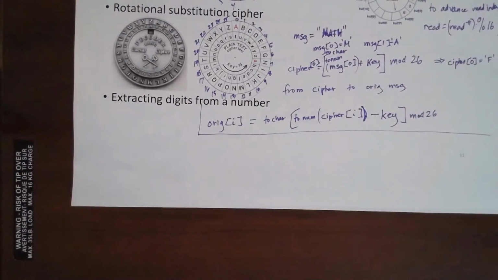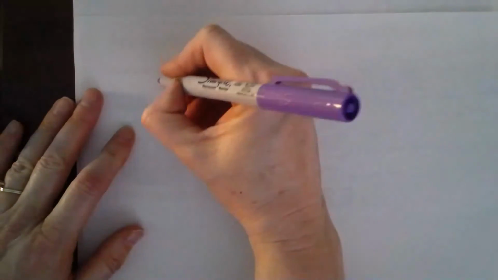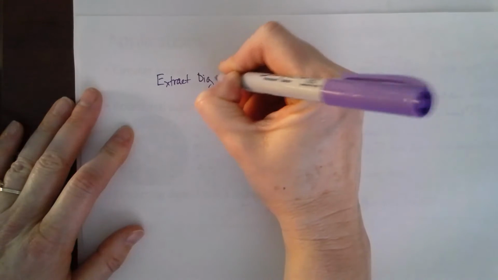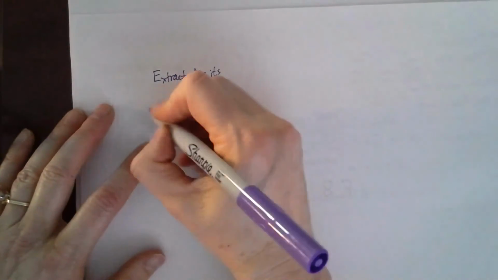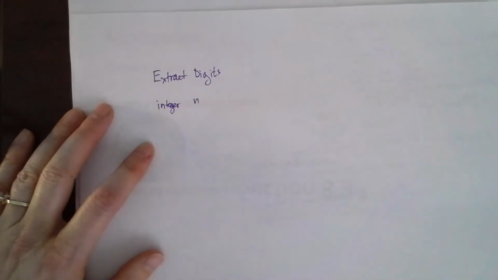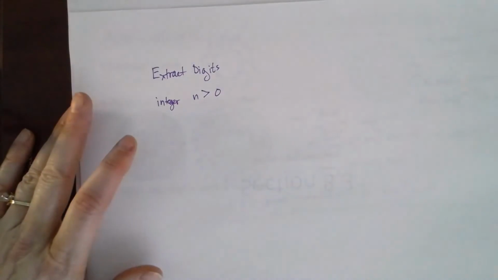The next one that I thought of that you might come across is extracting digits from a number. I'm going to have to carry over onto this page. So let's do extracting digits. Say, for example, a problem like this. You have an integer n, and let's just say that it's greater than 0 for the sake of it.